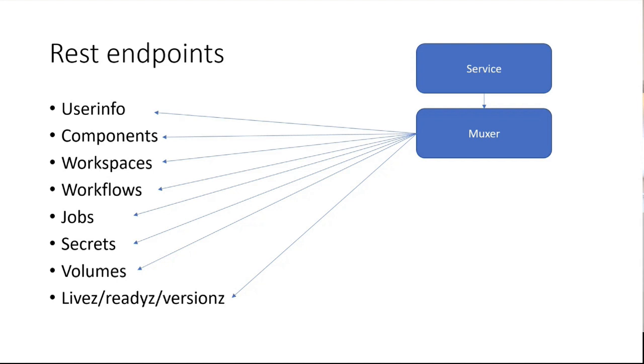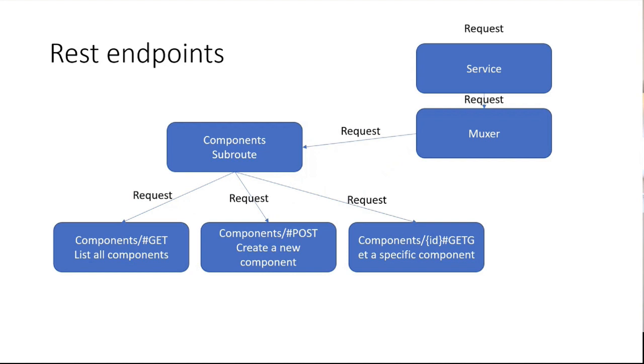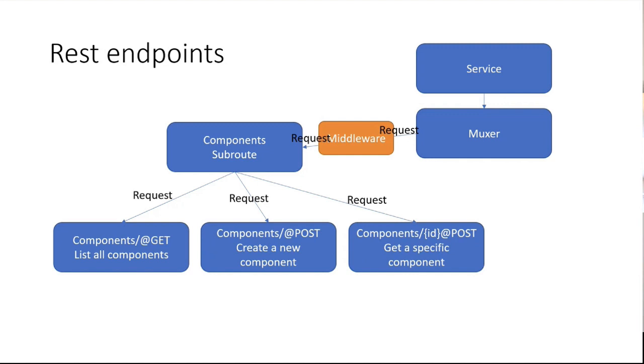The nice thing with the Gorilla Muxer is that you can put a group of endpoints into a group, and then you can put some middleware on that to make sure, for example, if I'm looking for something that I know will produce JSON, then I can set the content type for the headers that are sent back. So you can do lots of nifty little things with these middleware functions.